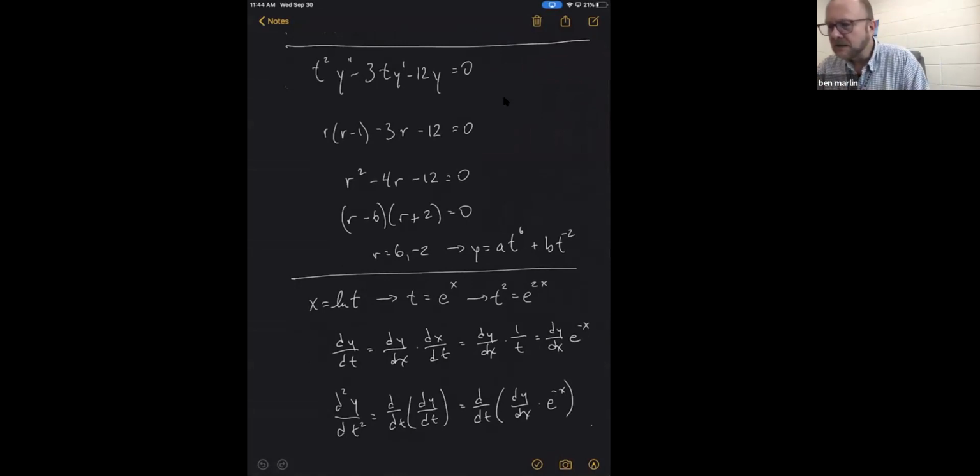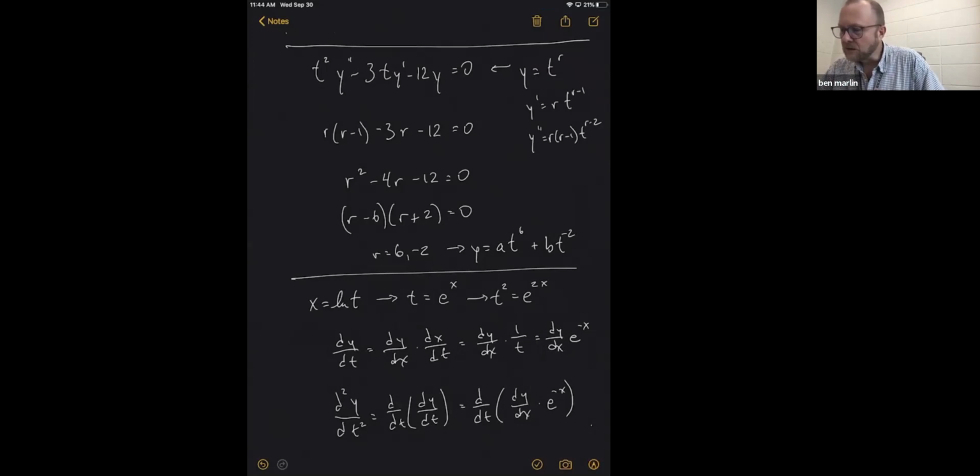So the method that I gave you all to do before on these is that we're just going to make the guess that y equals t to the r is going to be the solution on these. And once you've got y being t to the r, you know that y prime needs to be r t to the r minus 1, and y double prime needs to be r times r minus 1 t to the r minus 2.